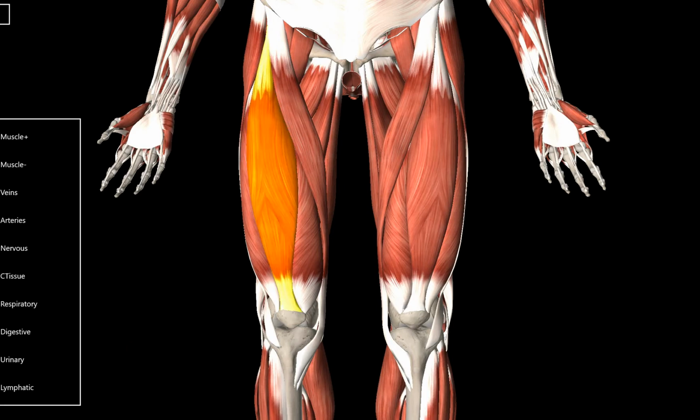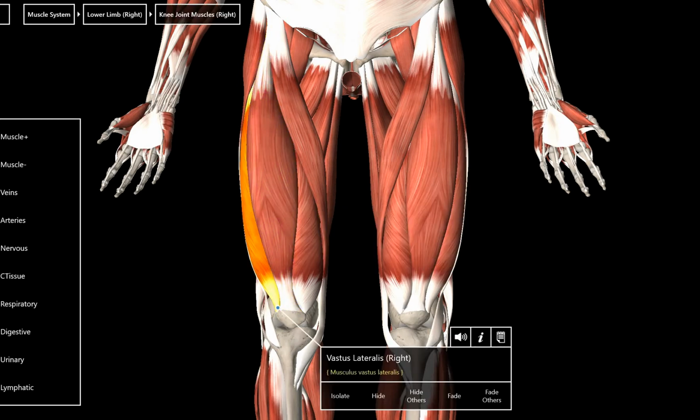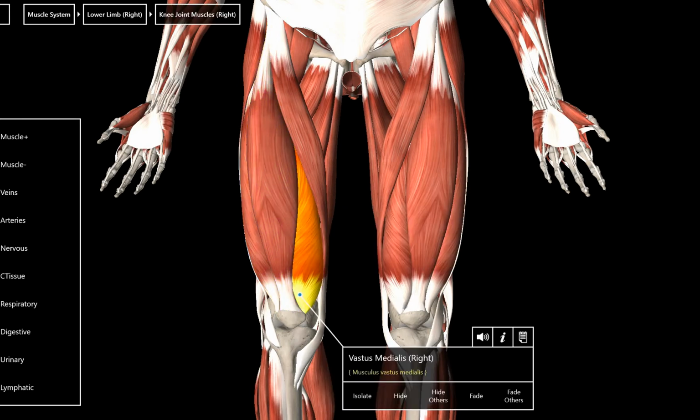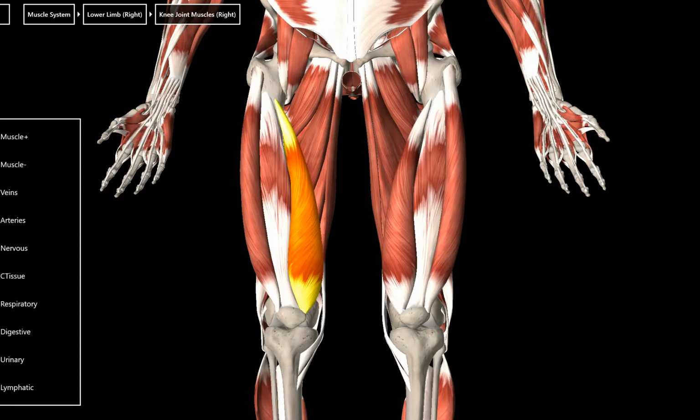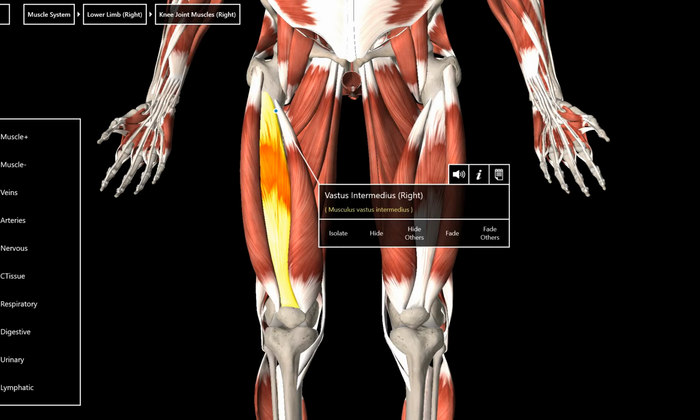So we're going to have the rectus femoris, vastus lateralis, vastus medialis, and then underneath the rectus is the vastus intermedius or intermedialis, depending on the book or author you read. So we have 3 vastus muscles based on location.